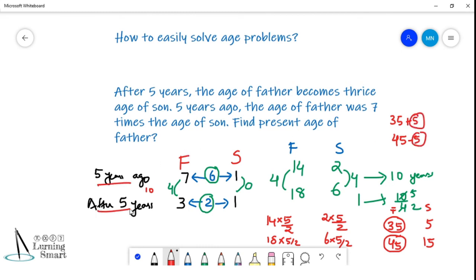Here the status is of the past as well as the future. So the present age is 35 plus 5 or 45 minus 5, that is 40. If you ask the present age of the son, 5 plus 5 or 15 minus 5. So that would be 10.